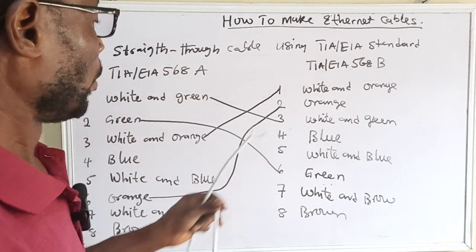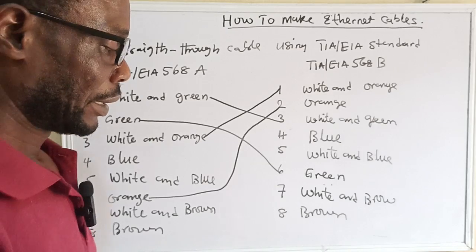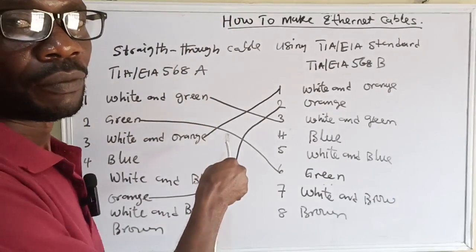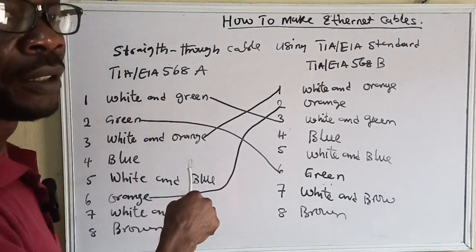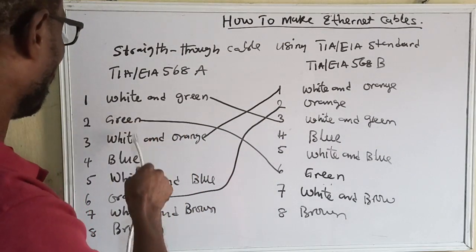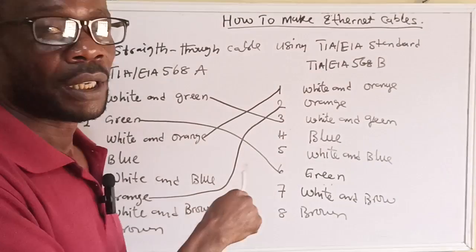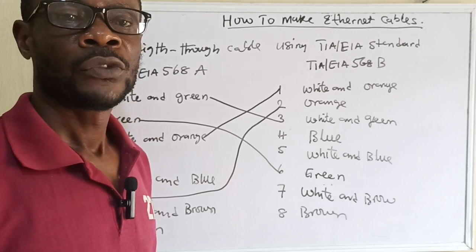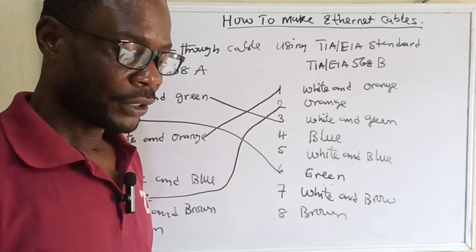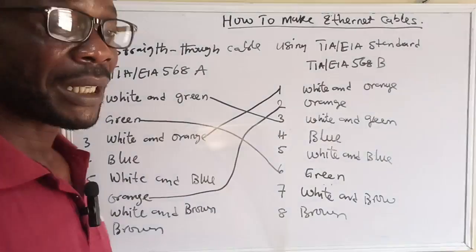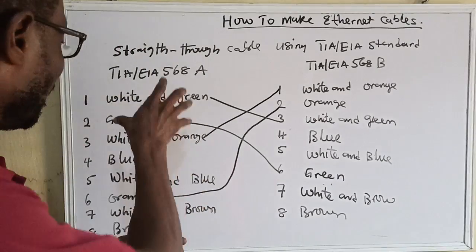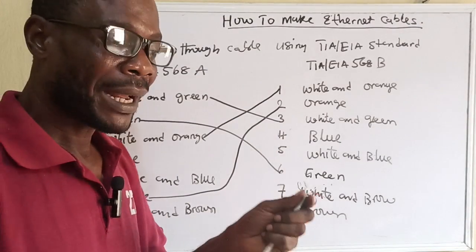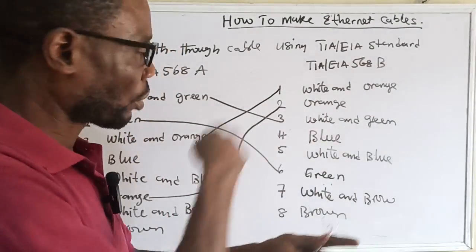So now remember that this end, I used A. I selected this A accordingly. Now, I want to make a crossover cable. I just showed you how to select this. If I want to make a straight through cable again, I'll still use this A and select 1, 2, 3 accordingly. But I want to make a crossover cable, so it's crossed.